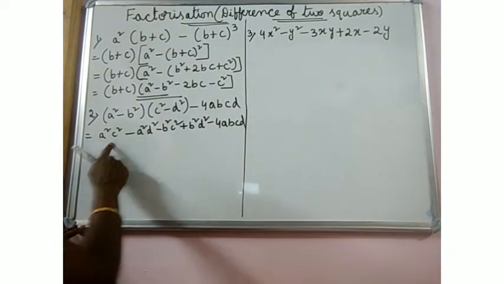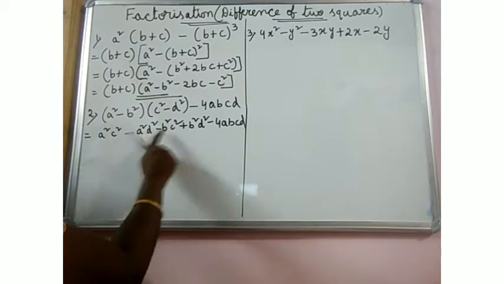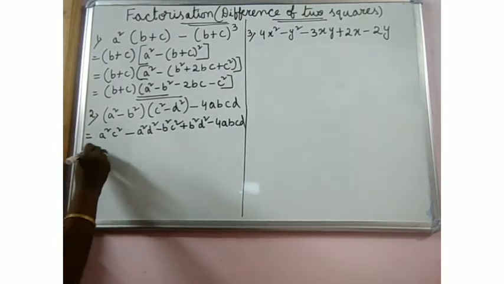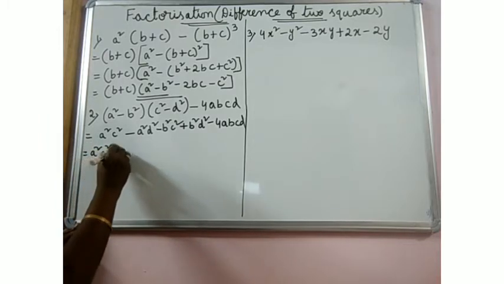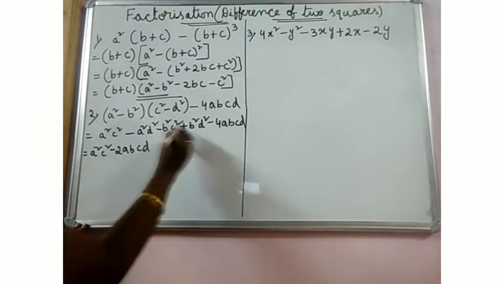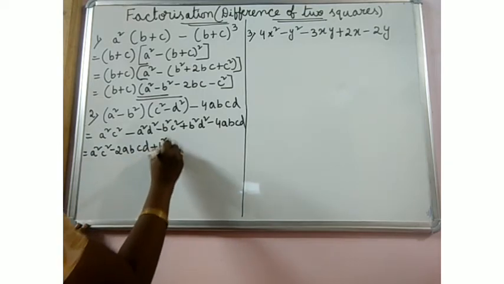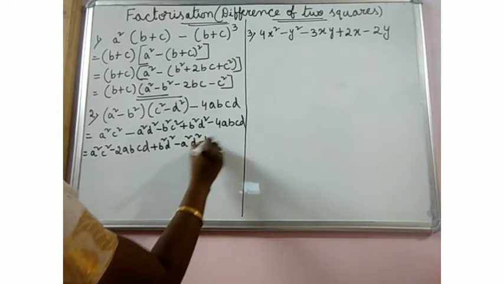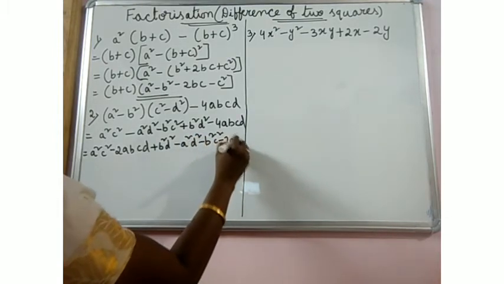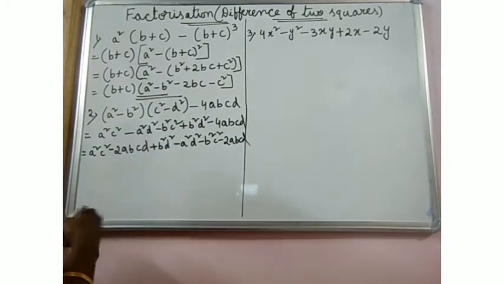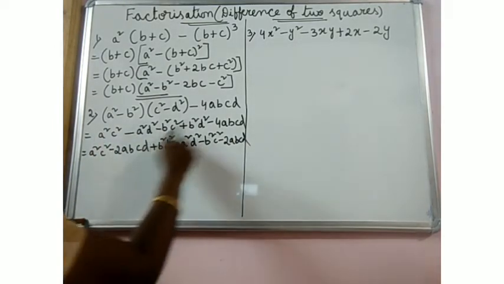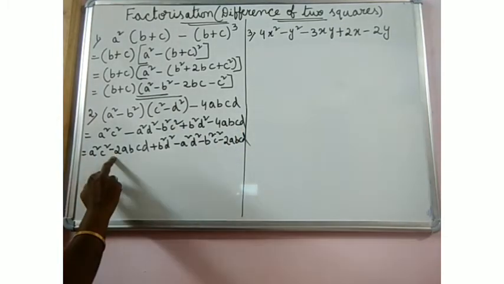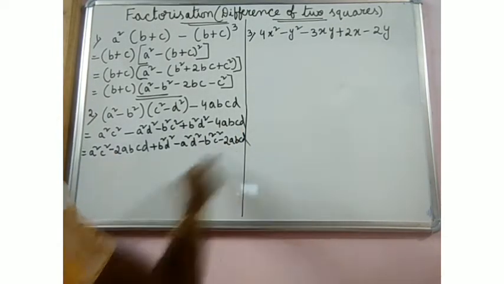So what I do is, let us do a square c square minus 2abcd plus b square d square, minus a square d square minus b square c square minus 2abcd. What I did is, I have rearranged these 4 terms, and minus 4abcd I have split into minus 2abcd minus 2abcd.